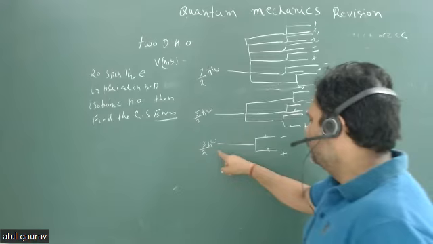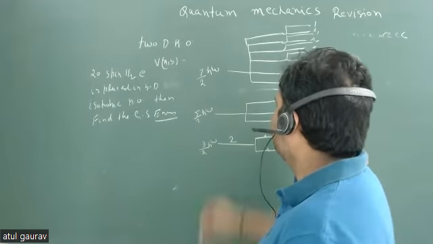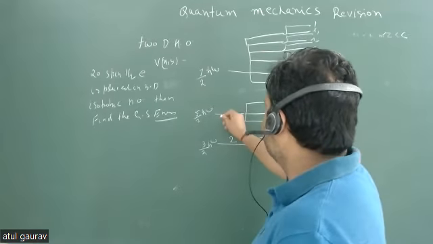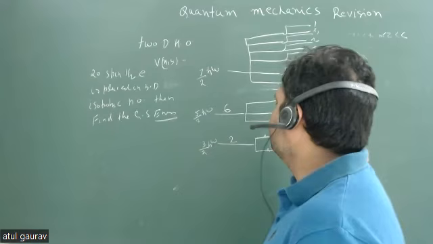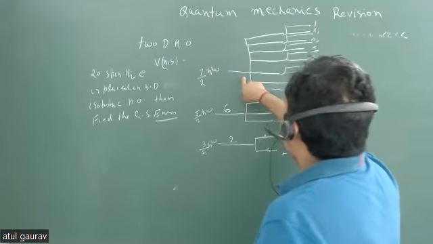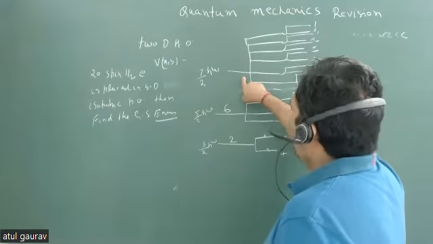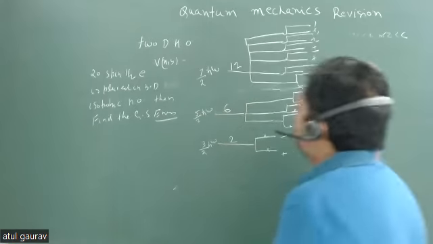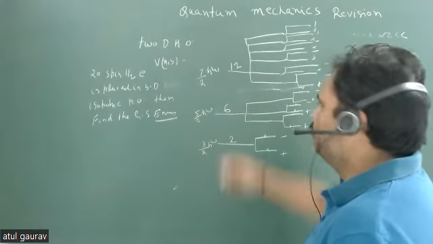So in this level you have 2 electrons. In this energy level you have 6 electrons. And in this energy level, what is the maximum number of electrons you can adjust? 12. So 2 plus 6 plus 12 is 20.